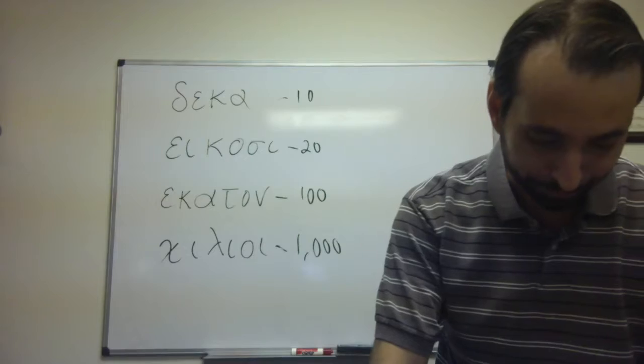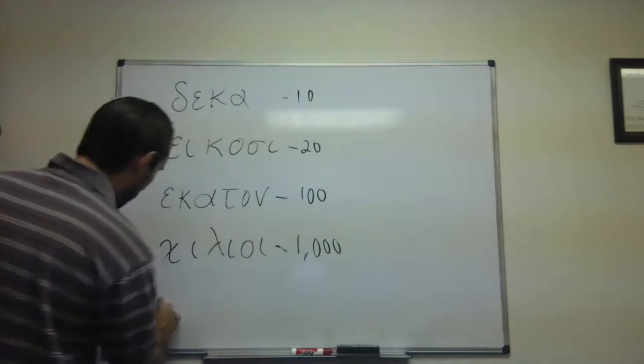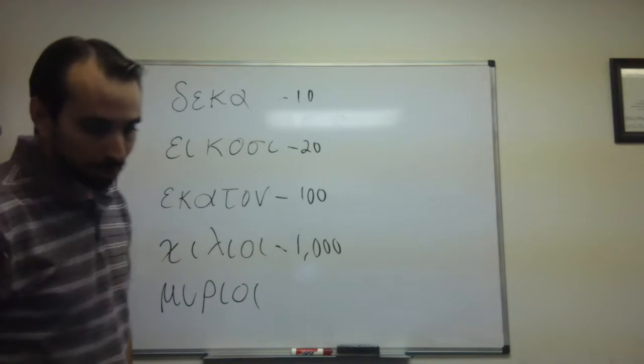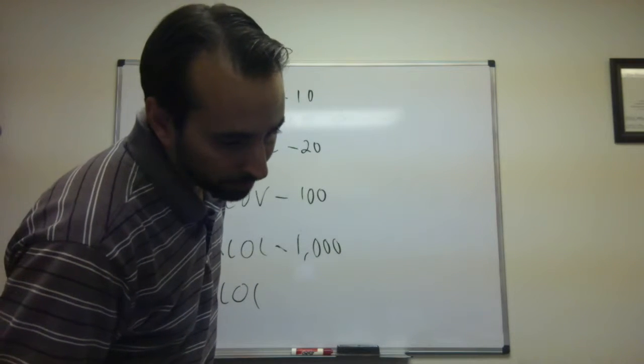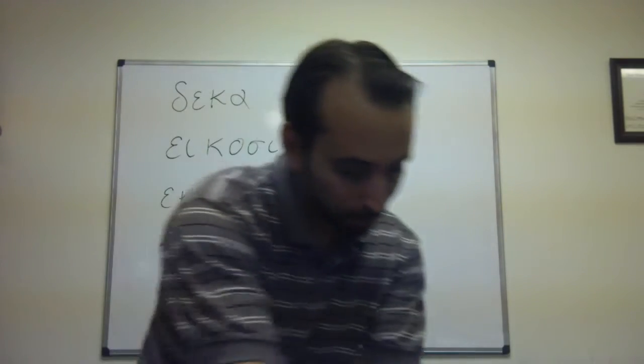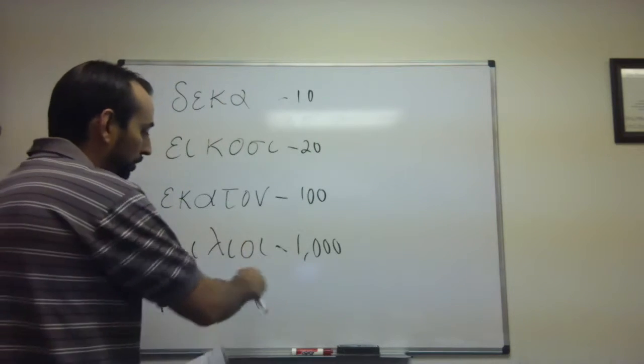and 1,000. He also gives you the number, at the very bottom there, for 10,000, muri oi. Did I write that right? Muri, for 10,000, yeah, muri oi. Now there's another word. Once you get past 10,000, they didn't really have cardinal numbers.